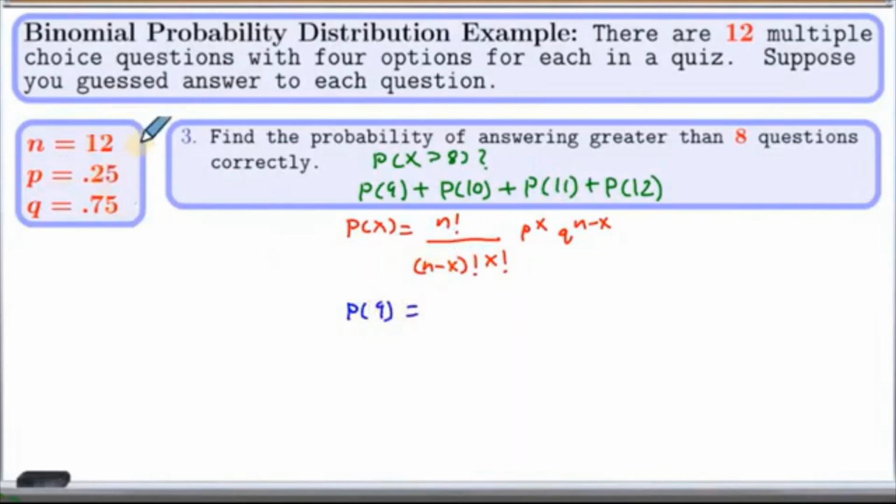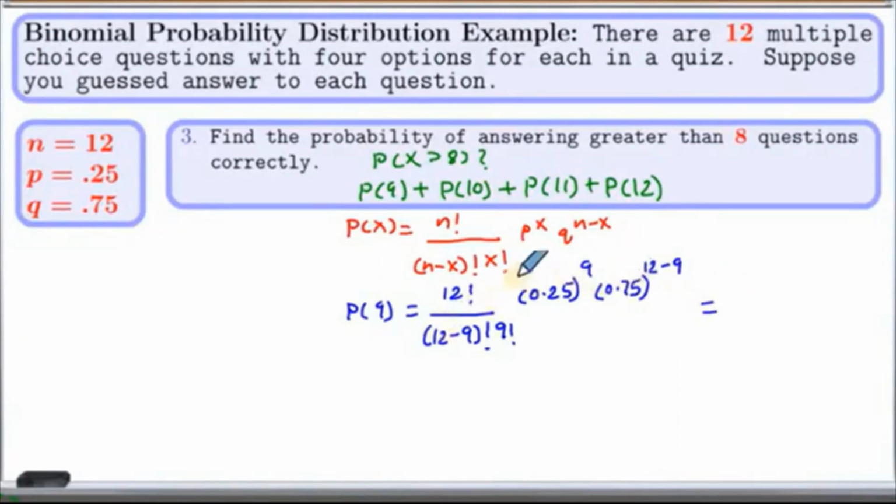Now, using this formula here, let's find the probability of 9. Our n, p, q is right here. For this case, our x is 9. So all we need to do is plug in those numbers into this formula here. So doing that, we get 12 factorial over 12 minus 9 factorial times 9 factorial. Our p is 0.25, our x is 9, our q is 0.75, and our n is 12 and our x is 9.